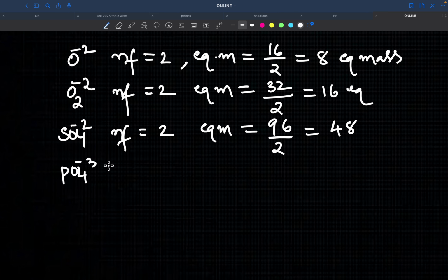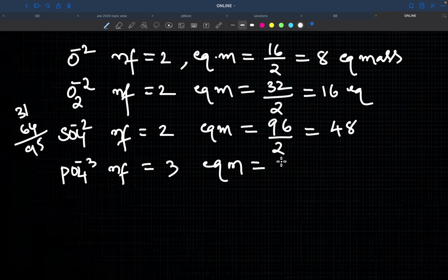PO4 minus 3, the n factor is 3, so equivalent mass equals 31 plus 64, phosphorus being 31, so 95 by 3, which is 31.66. Equivalent mass you may get in fractions.